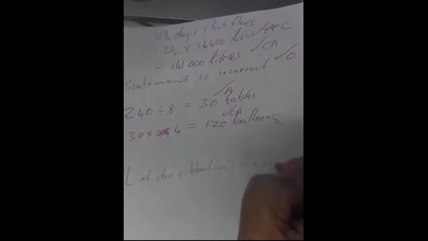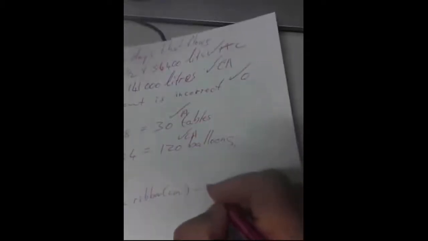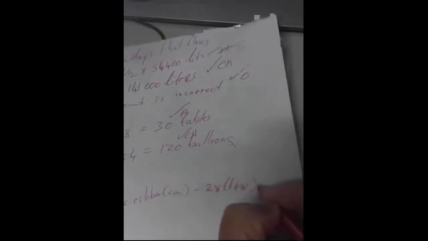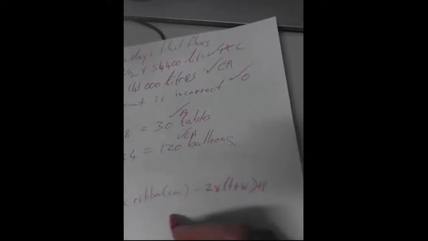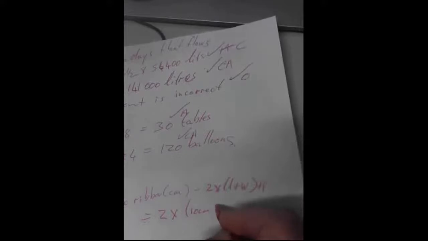Then it's 2 multiplied by the length plus the width, plus the 1. That 1 is that extra 1. I hope you can see, I wrote very lightly. It's 2 multiplied by the length plus the width plus that 1. They give it, so you just write the answers in: 2 multiplied by, and what is the length? The length is 10 centimeter. And what is the width? The width is 6 centimeter. Plus that 1 centimeter.